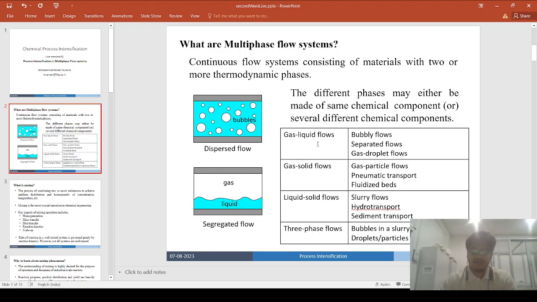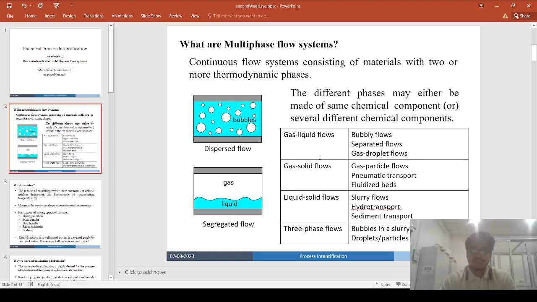The examples of the unit operations, chemical equipment, or instruments that use gas-liquid flows are bubbly flow towers, separated flows and gas droplet flows.